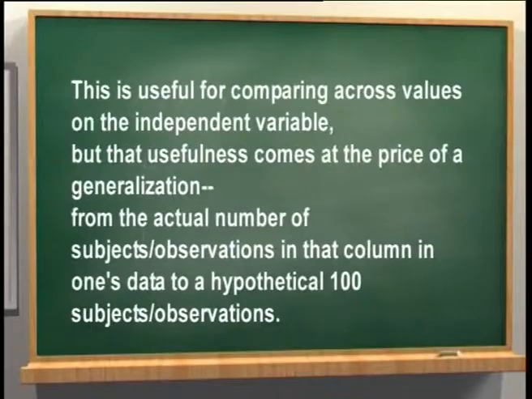Percentages basically standardize cell frequencies as if there were 100 subjects or observations in each category of the independent variable. This is useful for comparing across values on the independent variable, but that usefulness comes at the price of a generalization from the actual number of subjects or observations in that row in one's data to a hypothetical 100 subjects or observations.